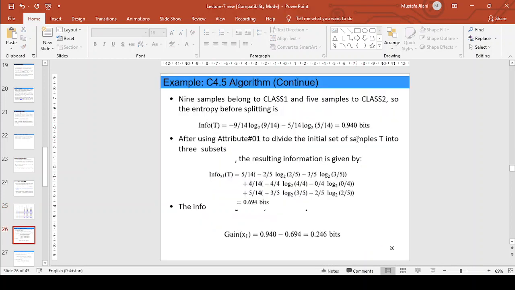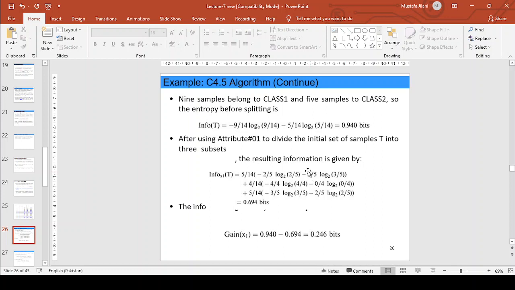So there are a total of 5 samples with attribute 1 equals A, out of which 2 belong to class 1 and 3 out of 5 belong to class 2. Outside we have the number of A divided by total samples, and in the bracket we have 2 from class 1 and 3 from class 2.